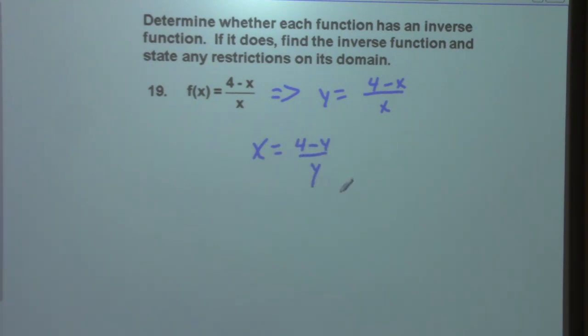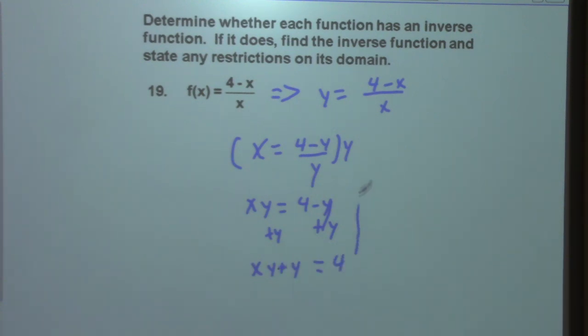And then multiply through by y, so we get xy equals 4 minus y, and then if we add y, we get xy plus y equals 4.